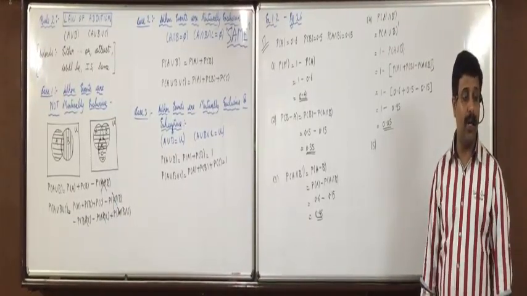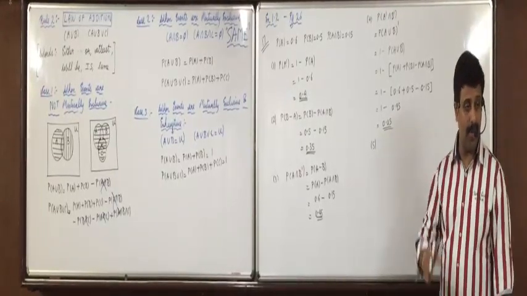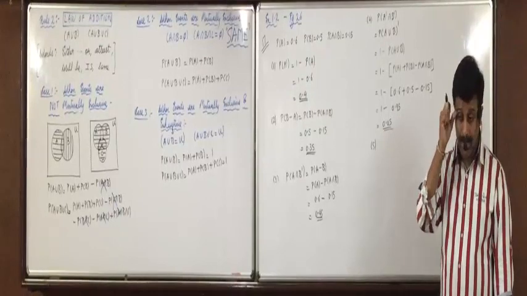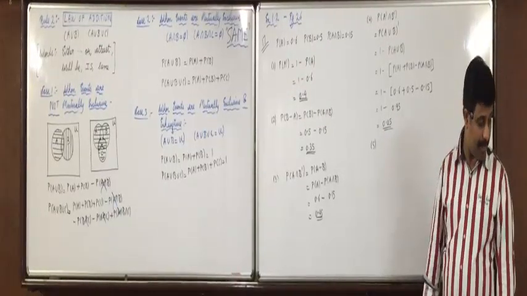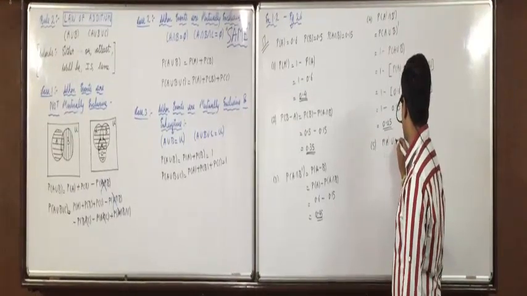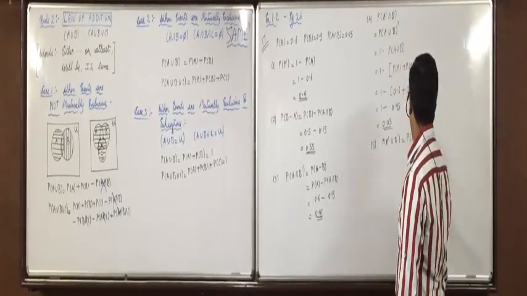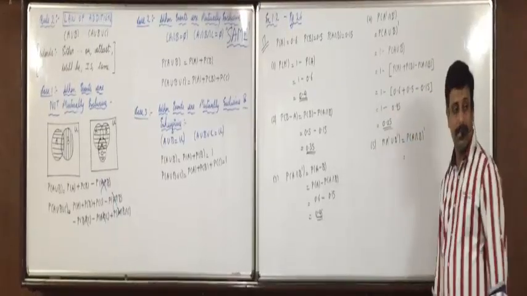How will you find A not union B not? A not union B not is equal to P of (A intersection B) whole not. How will you find this?